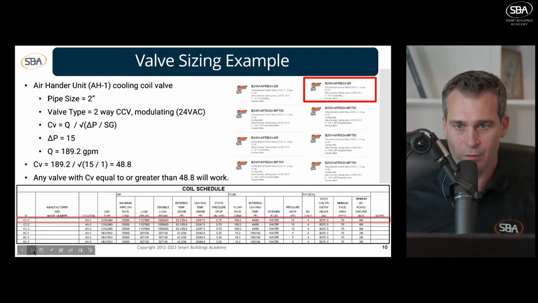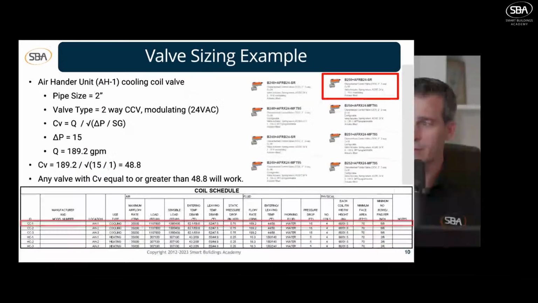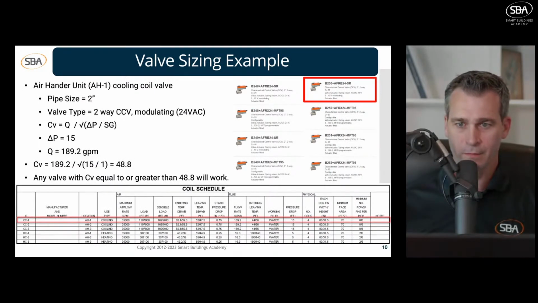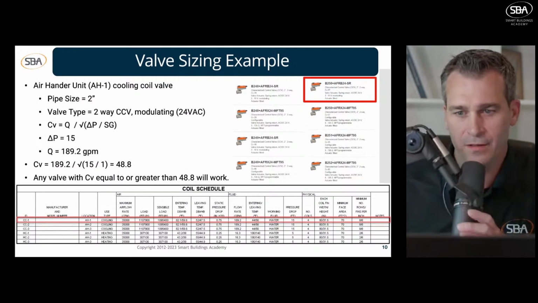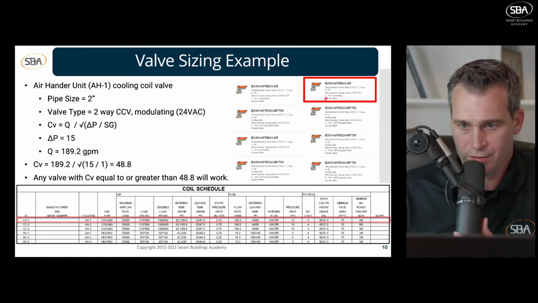I'm going to zoom in a little bit. I was having trouble seeing this because it's really small on my screen, but as we can see here, the next highest CV is going to be 57. So we're going to want to go with the 57 CV.